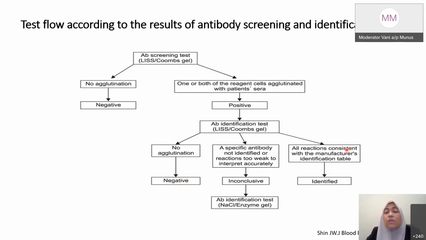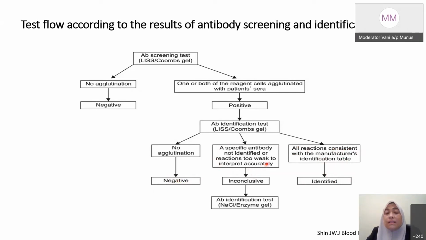When we detect a reaction consistent with the manufacturer's identification table, also known as the antigram, it means we can identify and conclude the antibody that we found from the test.